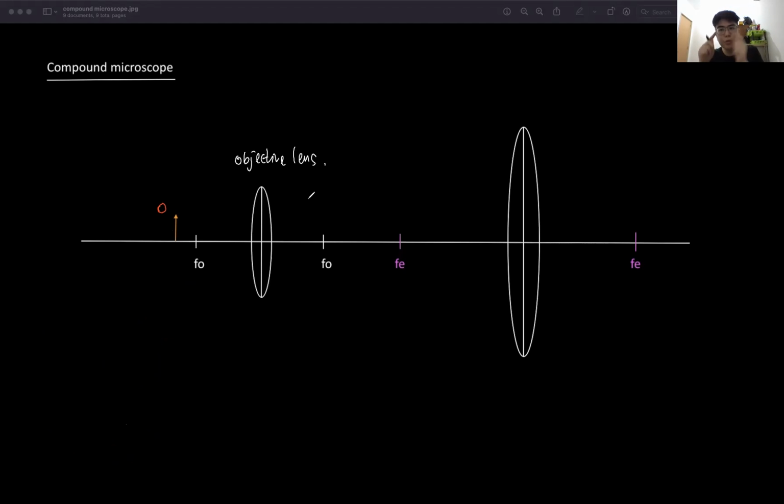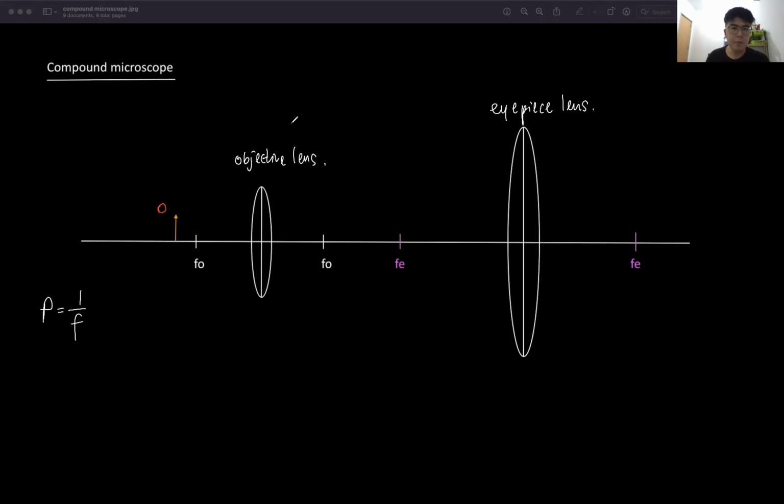The lens that you look through, nearer to the eye, we call the eyepiece. One thing to take note is that the objective lens must have a higher power than the eyepiece lens. Now we know that for the power to be high, the focal length has to be small. So you can see the objective lens focal length is smaller than the eyepiece lens. Always, yes, always.